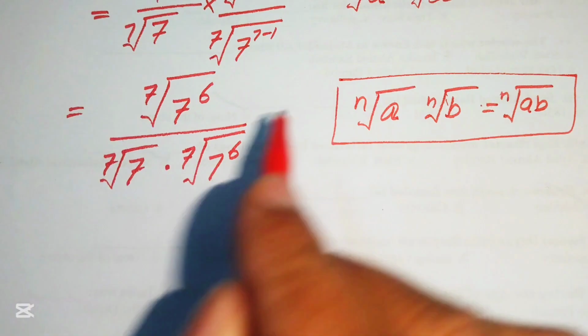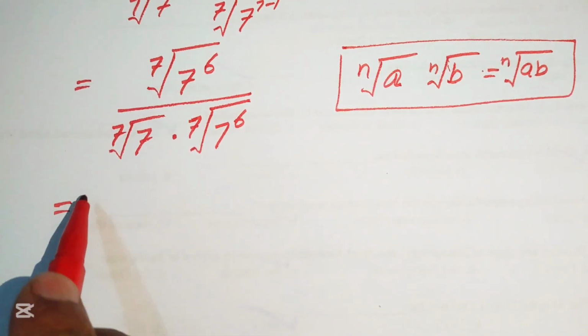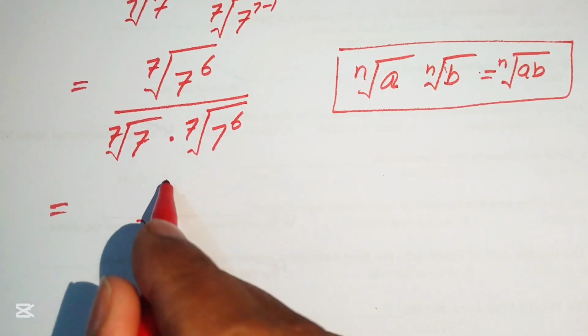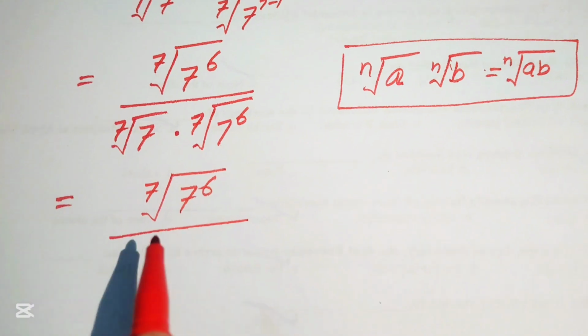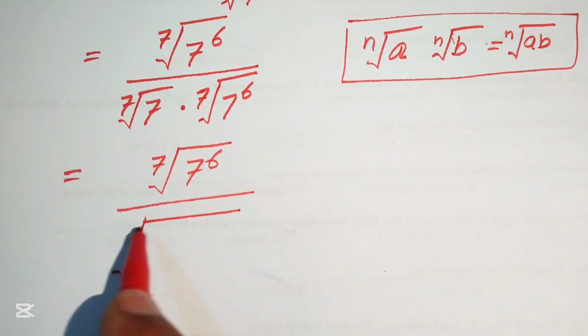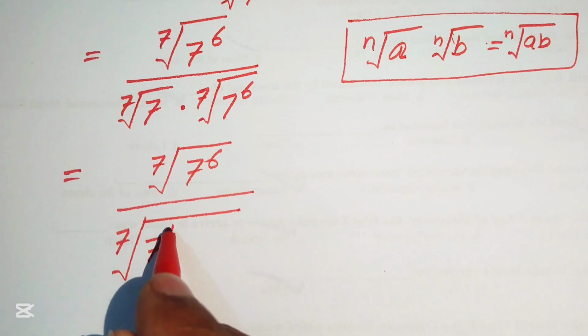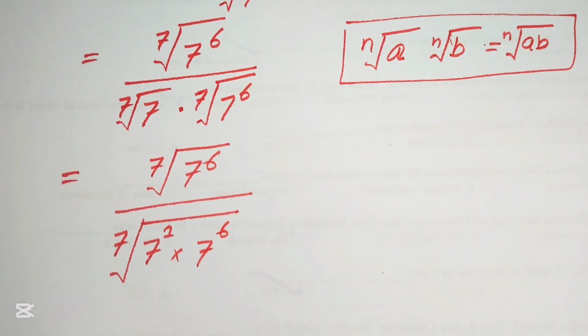According to this law, we focus on the denominator, and first combine the 7th root on both of these terms, and it will be written as the 7th root of 7 to the power of 1 multiplied by 7 to the power of 6.